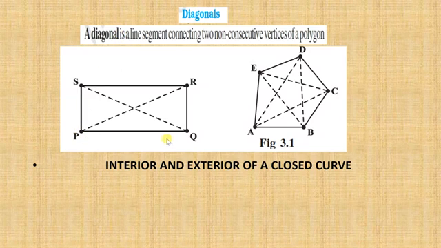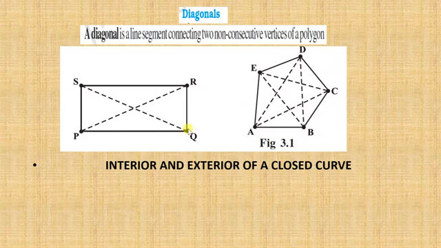Like in this rectangle PQRS, when you join P with R, it will give you a diagonal because for the point P, only R is its non-adjacent vertex. Q and S are adjacent to P. So we will join P with R to form a diagonal.